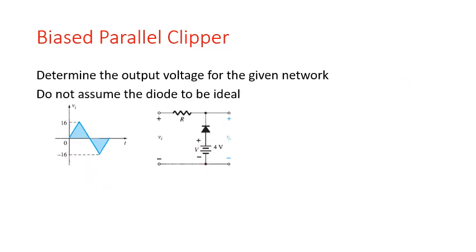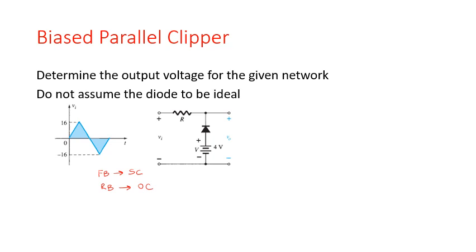Now going ahead from this circuit, the only difference in this circuit right now is I have to determine the output voltage for the very same network that you took before, but the condition is do not assume the diode to be ideal. If the diode is ideal, in forward bias, I am assuming the diode to be replaced by a short circuit, and in reverse bias, I am assuming the diode to be replaced by an open circuit.